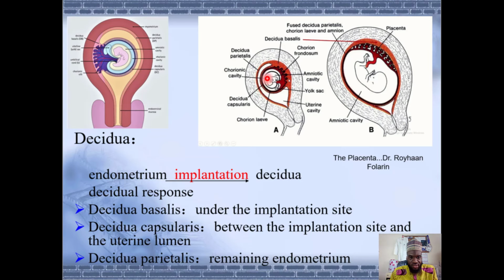So you can spot the chorionic cavity right in here, the amniotic cavity much deeper right in here. So this is the entirety of the uterine cavity. And here's the amniotic cavity again, and you have the developing placenta right here.